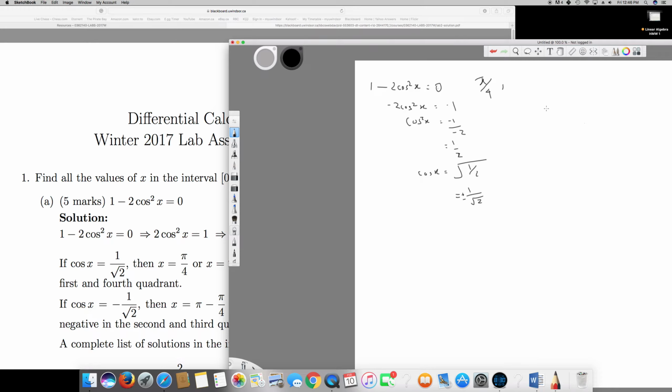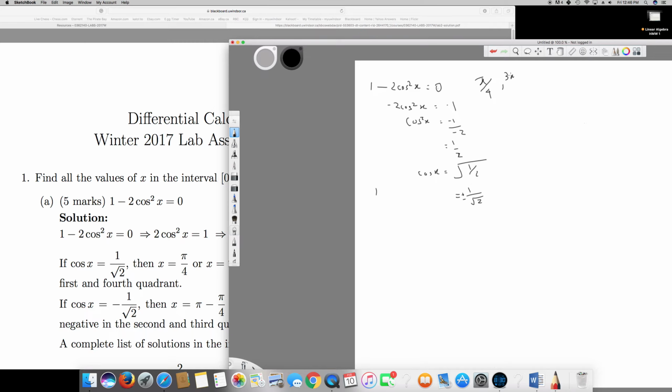To convert 135 degrees into radians, I have to multiply it by π over 180. So 135 times π over 180 is going to be what? 9π over 12, which is 3π over 4.